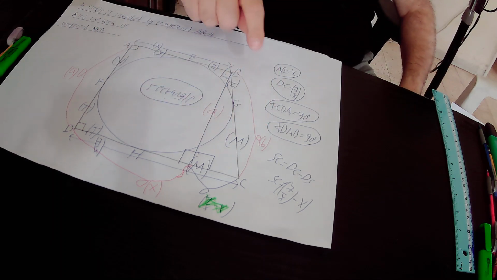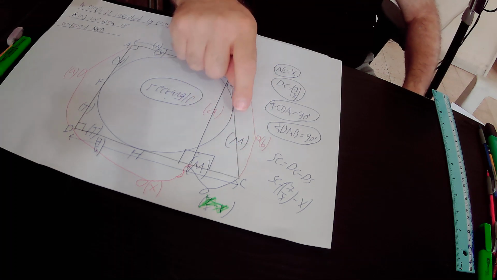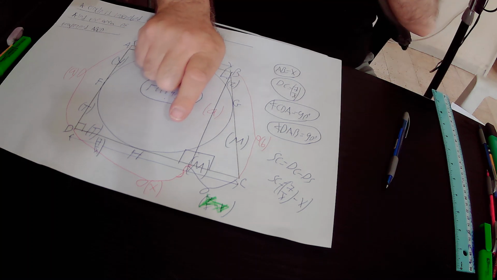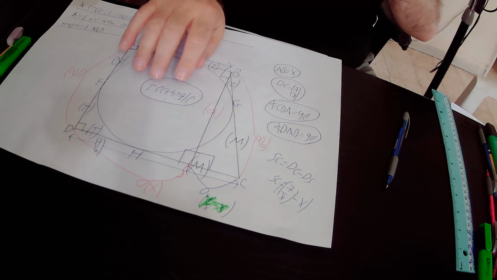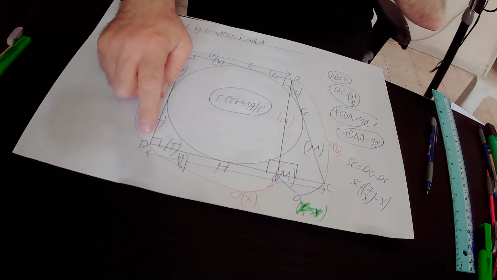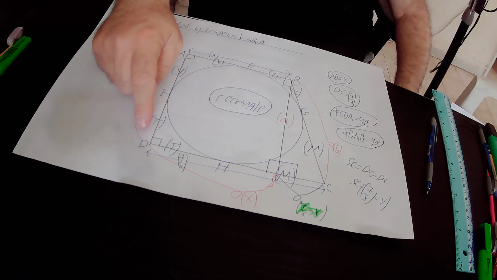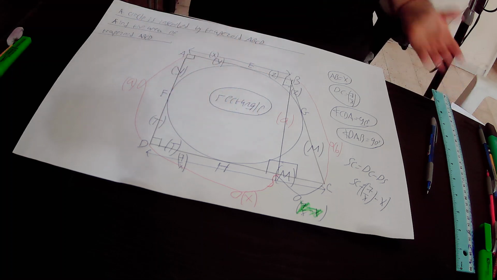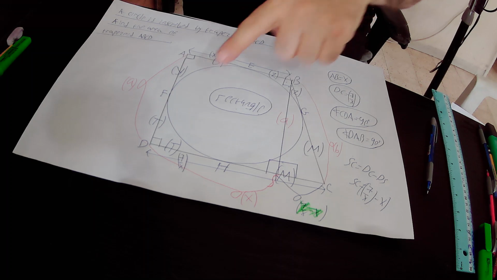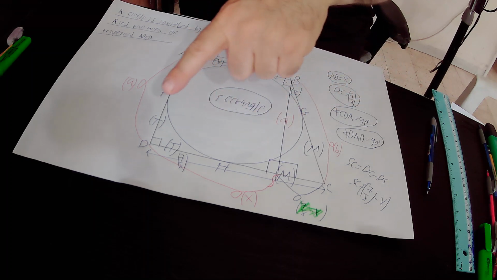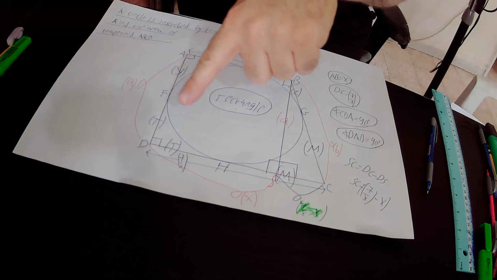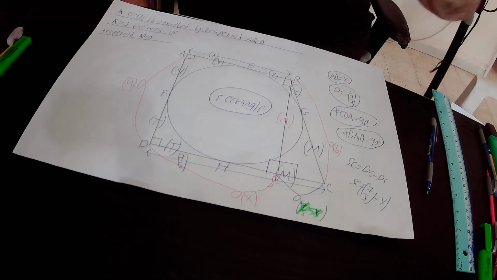So if we define the length of tangent CG as m, then the length of tangent CH must also equal m. And finally, we focus on this common external point, point D. From point D, we have two tangents to this circle, tangent DF and tangent DH. According to rule 2, they are equal to each other. That is to say, DF equals DH. So if we define the length of tangent DF as t, then the length of tangent DH must also equal t.